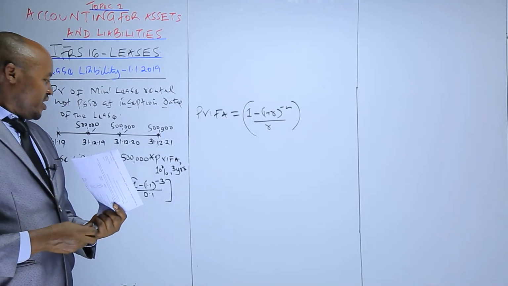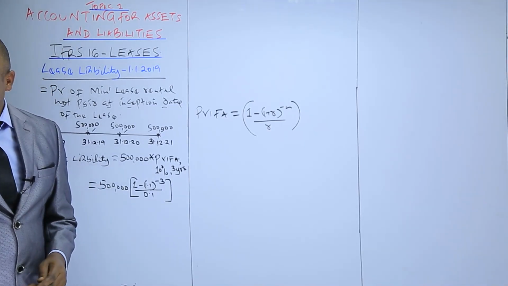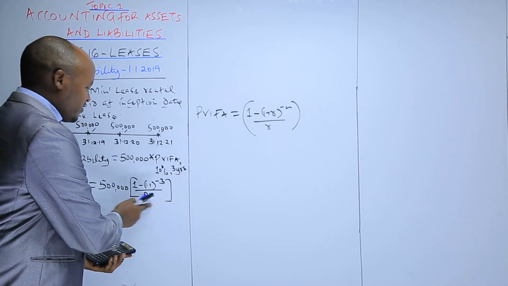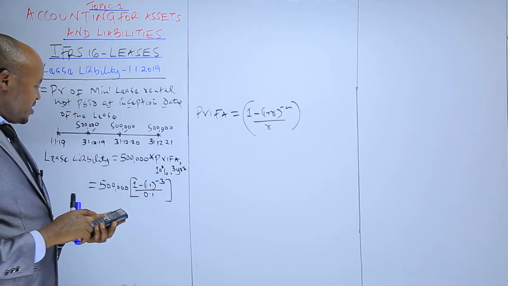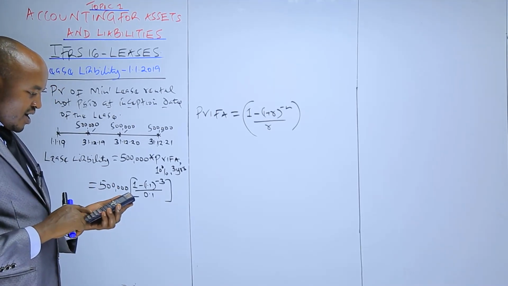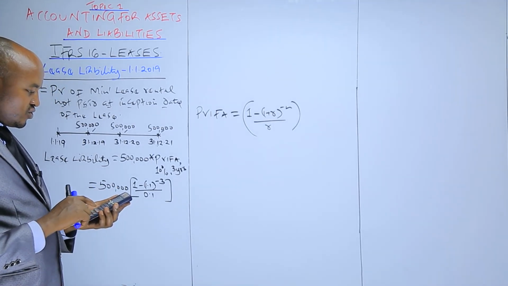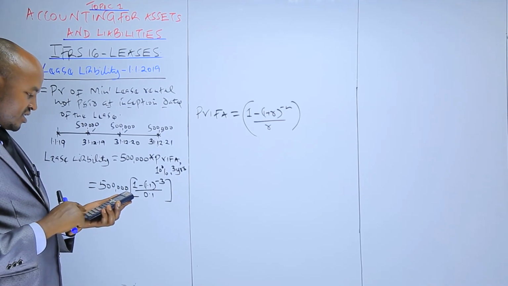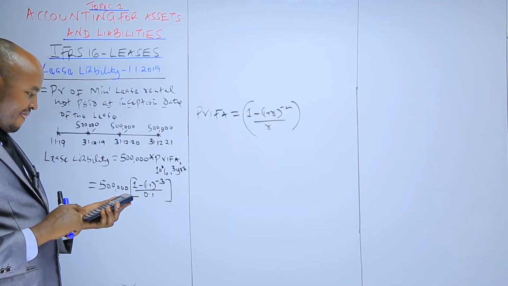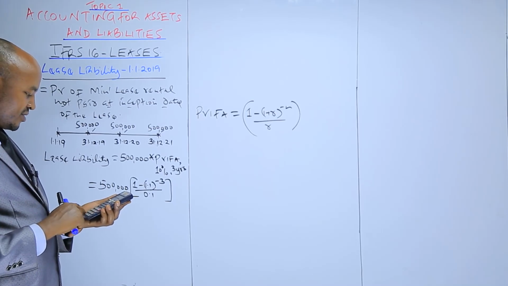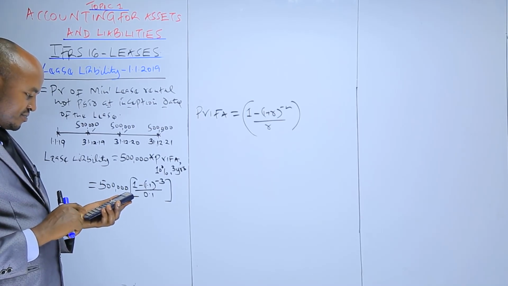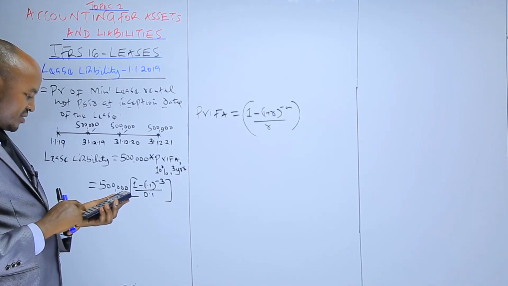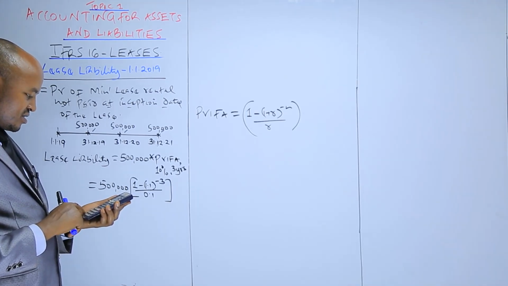So let's get that lease liability at the inception date of the lease. First of all we compute this: we take 1.1, raise that to negative 3, deduct that from 1, and then divide that with 0.1, and then times 500,000.